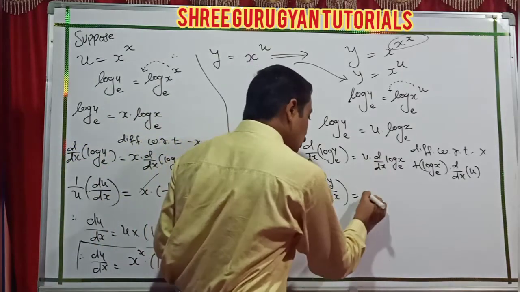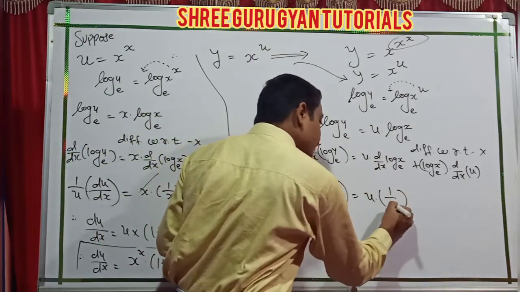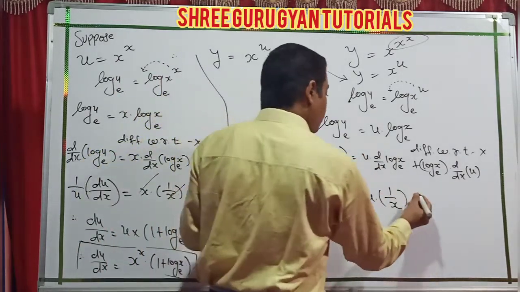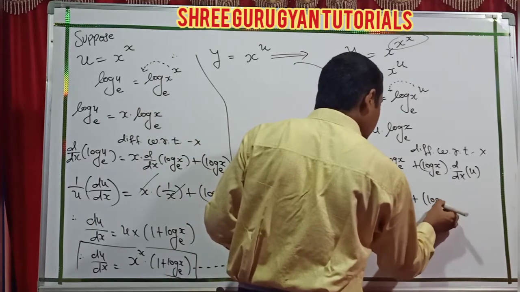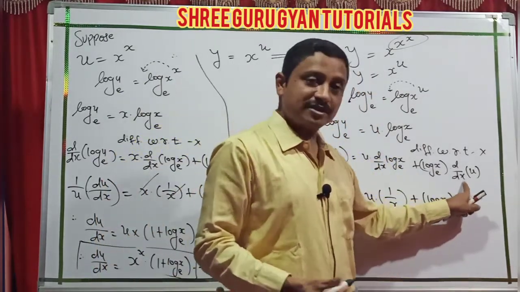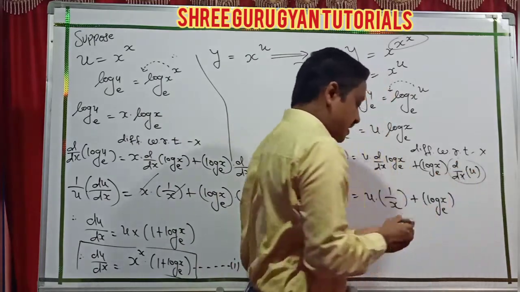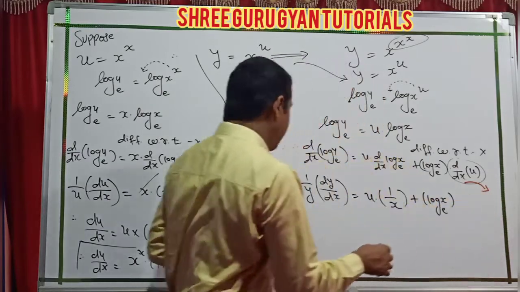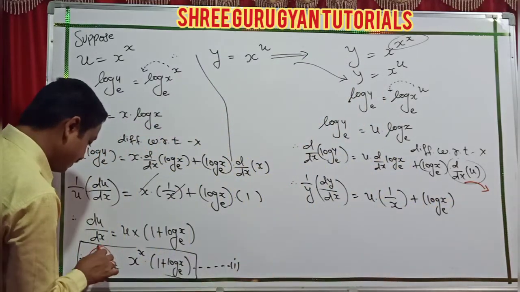Here u, log x derivative is 1 by x, plus log x base e. What is the derivative of u with respect to x? du by dx, this one? Yes, students, this value I already calculated first from here.